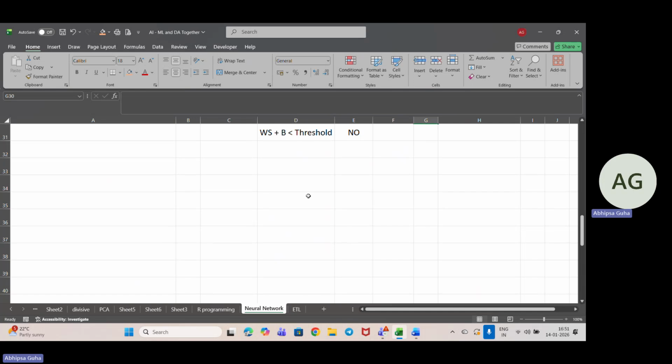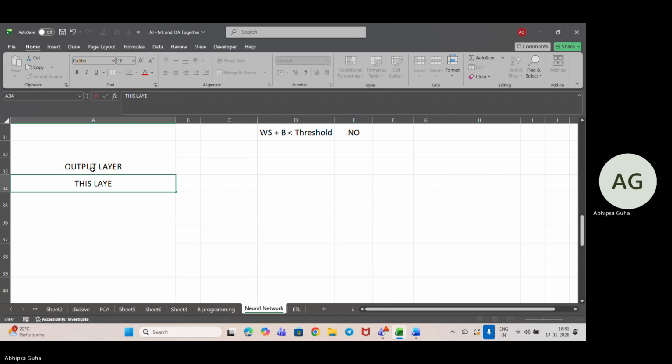Now coming down to the output layer. What is that? This is the answer giver. This layer gives the final answer.